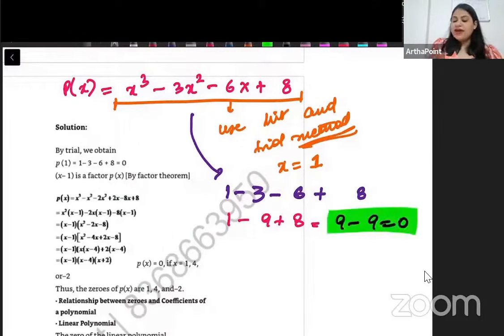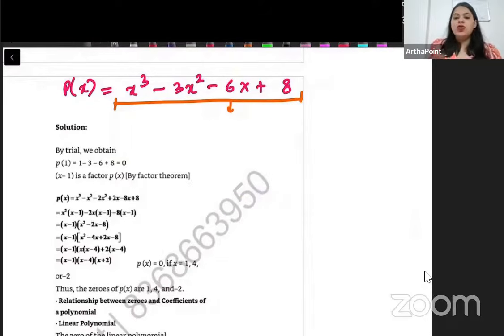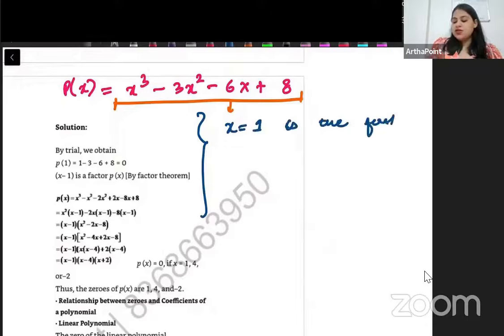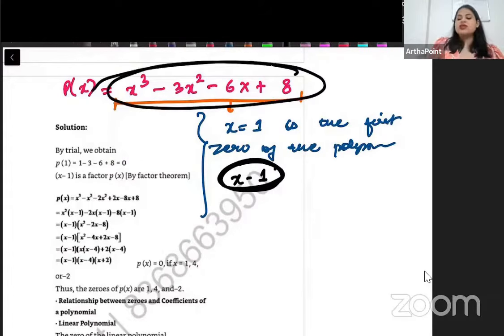So I am in fact getting 0 by putting x is equal to 1, which means that the first zero of the polynomial will be x is equal to 1. So beta, now what will we do? If x is equal to 1 is the first zero of the polynomial, it means the first factor will be x minus 1. x minus 1 should divide this equation.